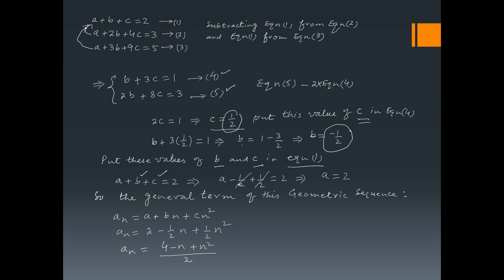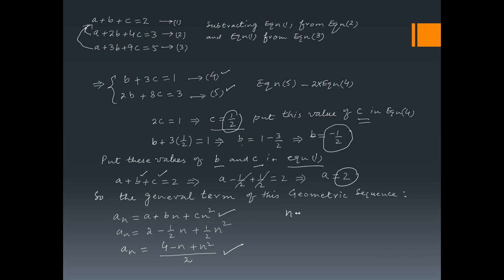The value of b is minus 1 by 2 and the value of c is plus 1 by 2, so they are cancelling each other and we are getting the value of a, which is 2. Now putting the values of a, b and c in this equation, we are getting an is equal to 2 minus 1 by 2 n plus 1 by 2 n square, and by simplifying, the general term is this one.